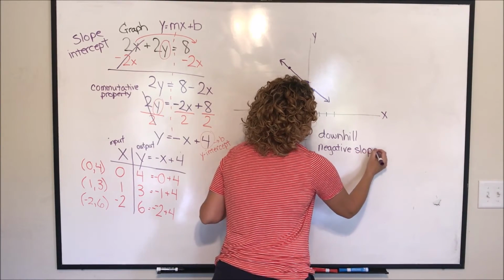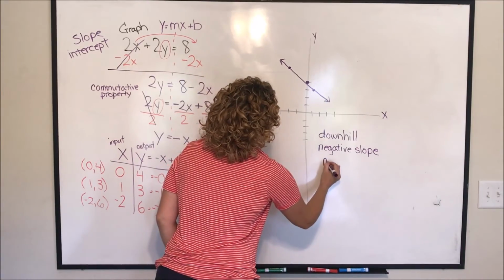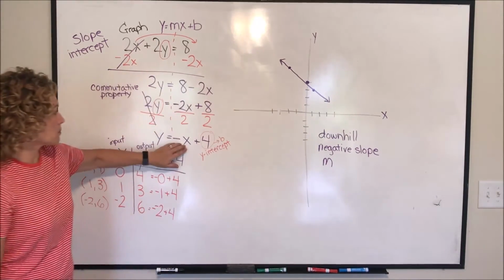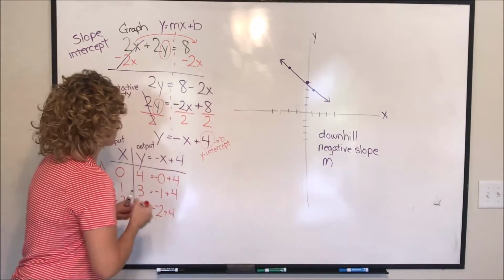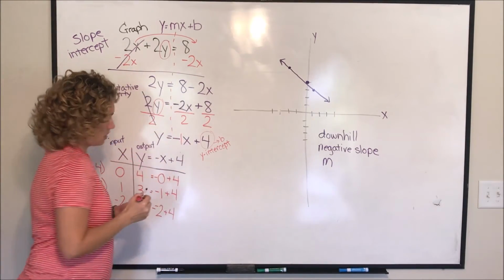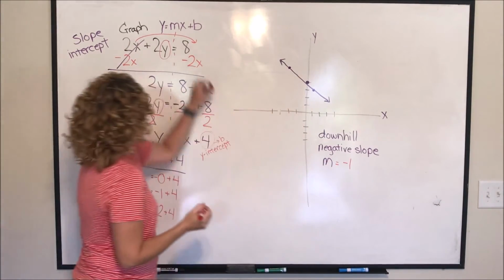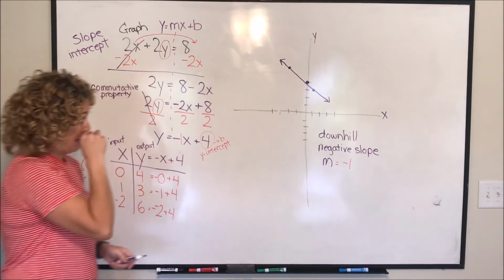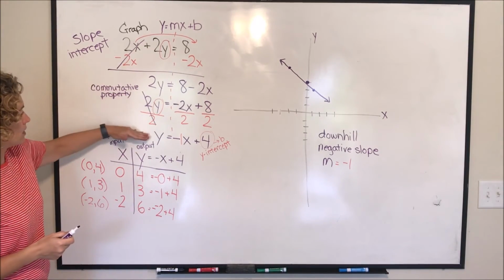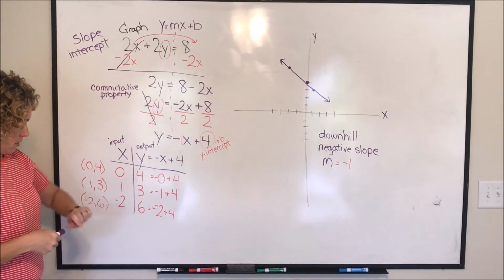And our slope is actually this m. In this problem, it's negative, and again, remember there is a 1 in there. So your slope is actually -1, whatever number is in front of that x. And so you have graphed this equation, which came from here.